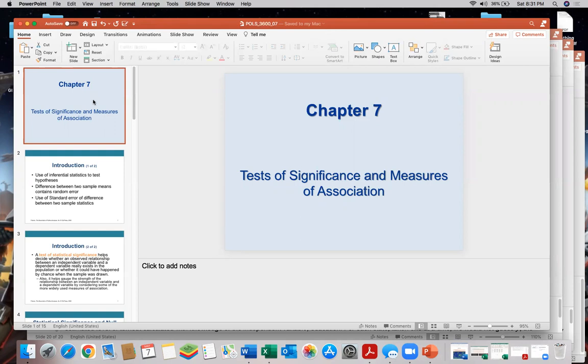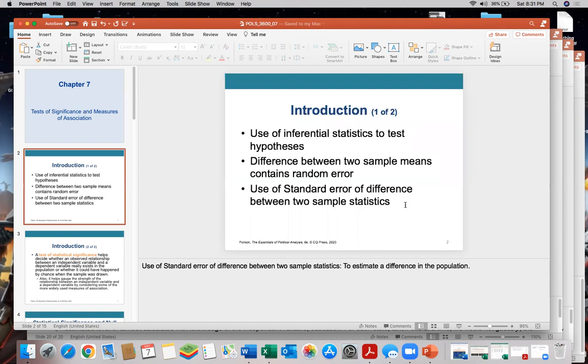A test of statistical significance helps decide whether an observed relationship between an independent and dependent variable really exists in the population, or if it could have happened just by chance when the sampling was taken. This is going to come up with type 1 and type 2 error.